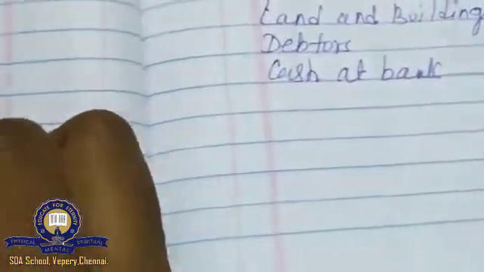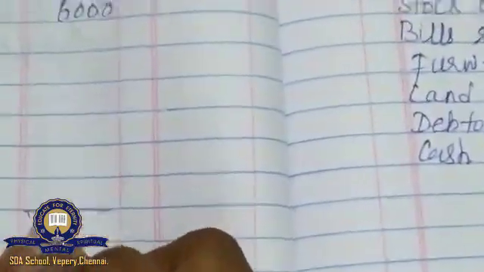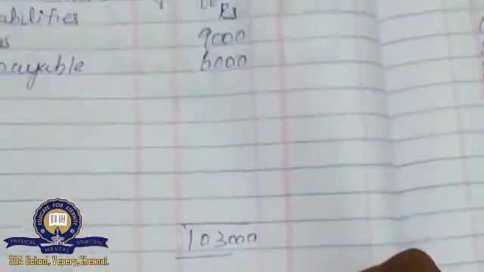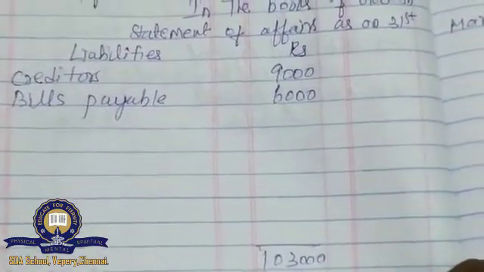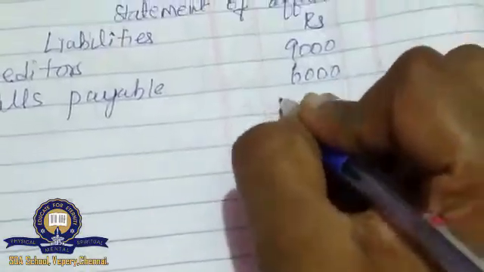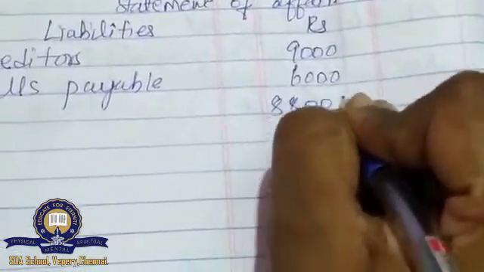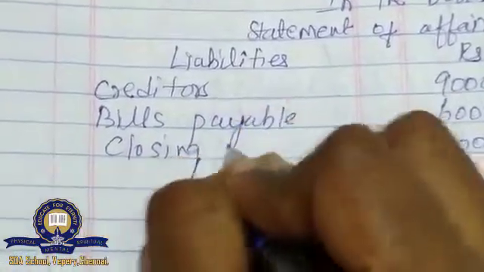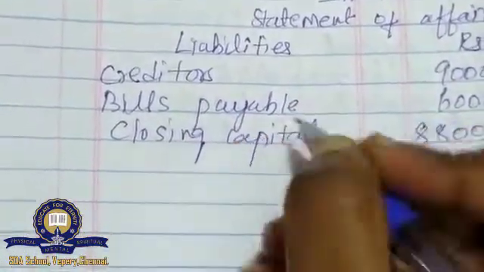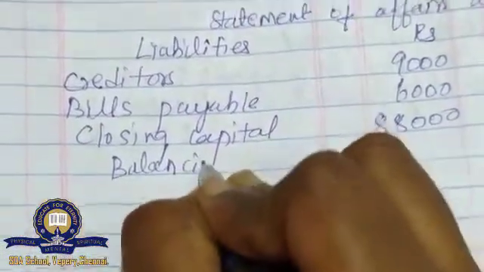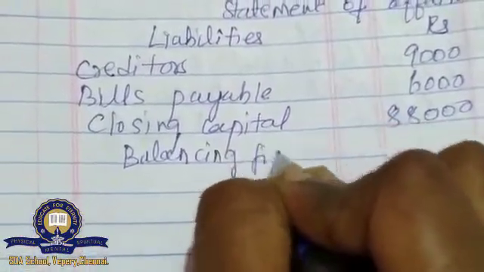So both the sides we are going to write the same amount, 1,03,000. Then you will be having 15,000 in liability side. So 1,03,000 minus 15,000, you will be getting 88,000. So that is the closing capital, the balancing figure of this sum.